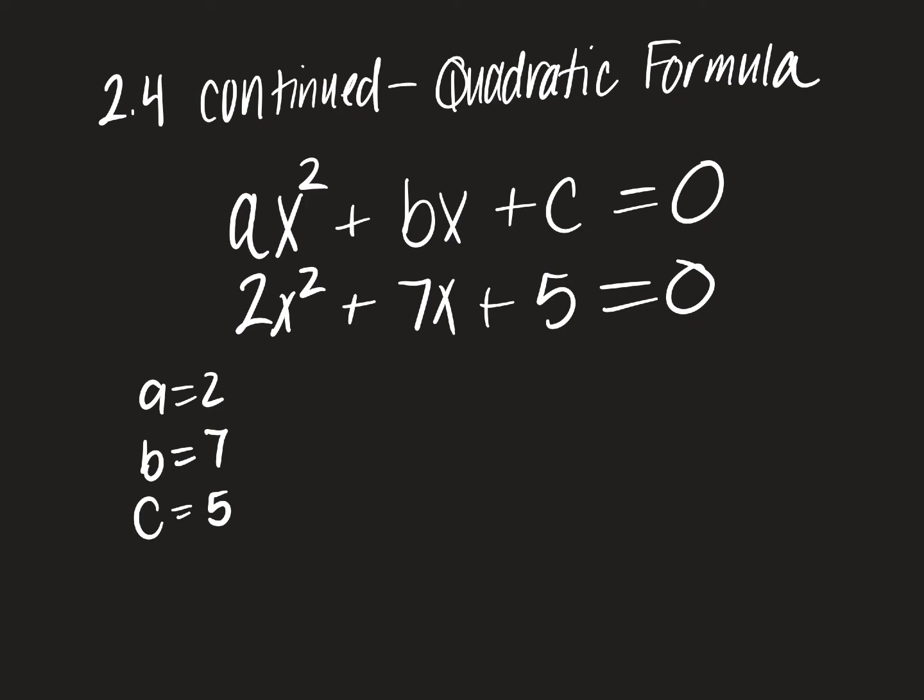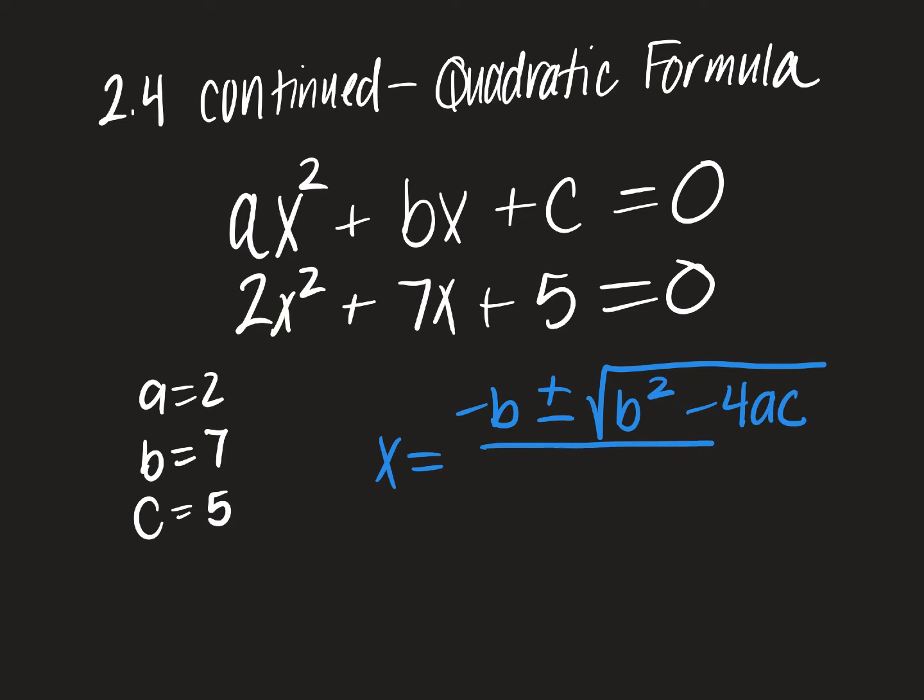Like ever. So, x equals negative b plus or minus the square root of b squared minus 4ac, divided by 2a.